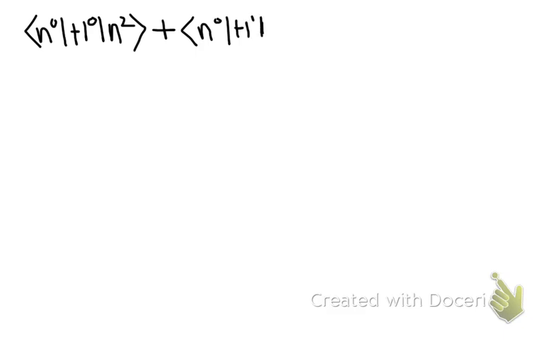I get N0 H0 N2, this matrix element, plus N0 H1 N1, is equal to E0 N0 N2. Again, I'm doing this because my E is a constant energy eigenvalue, so I can take it outside.